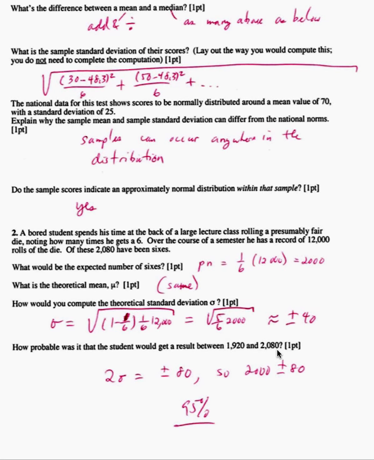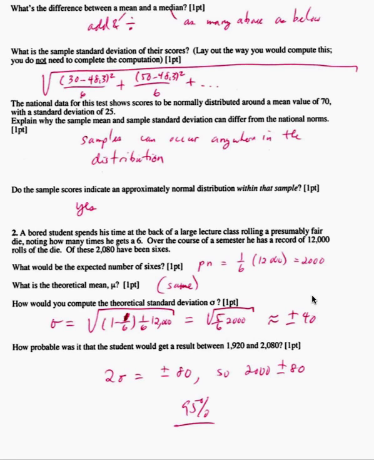So what sigma is that? Well, 1 sigma is 40. 2 sigma is 2 times that, so plus or minus 80. So what corresponds with that probable result? Well, what corresponds with 1 sigma? How likely is it that you get something between 2,000 plus or minus 40?